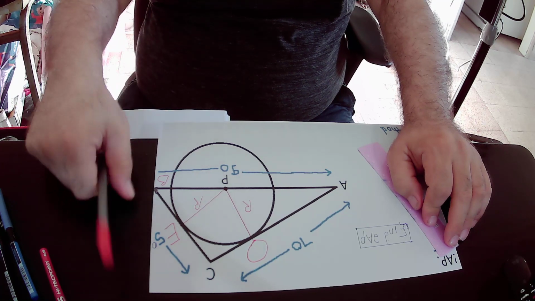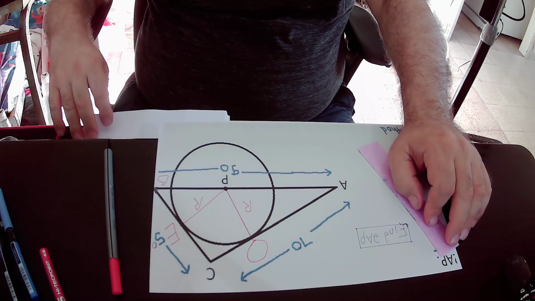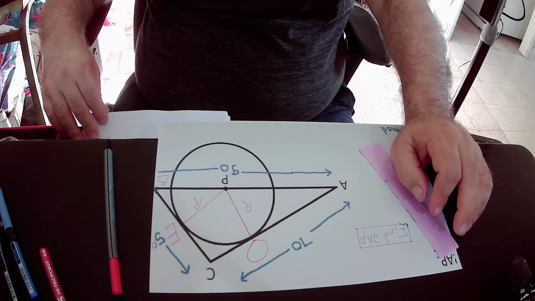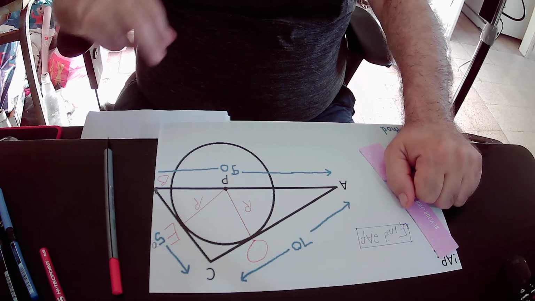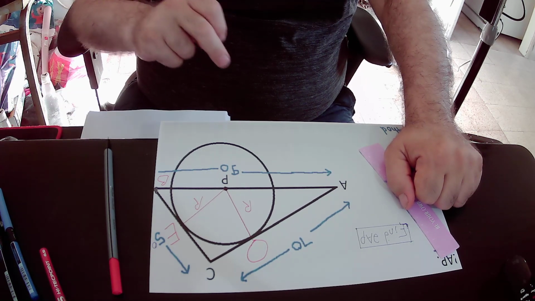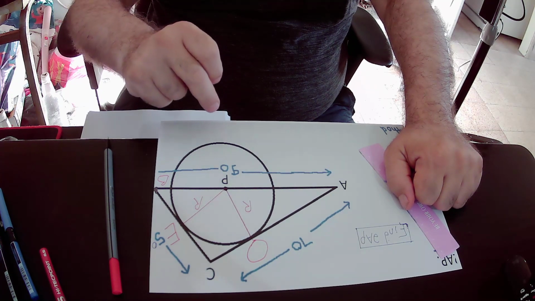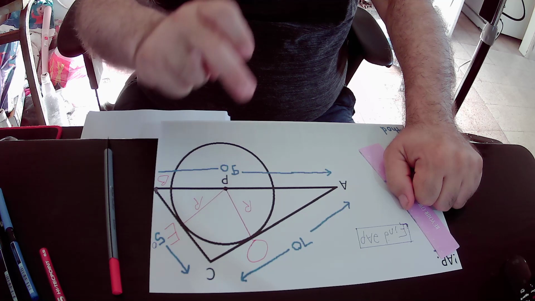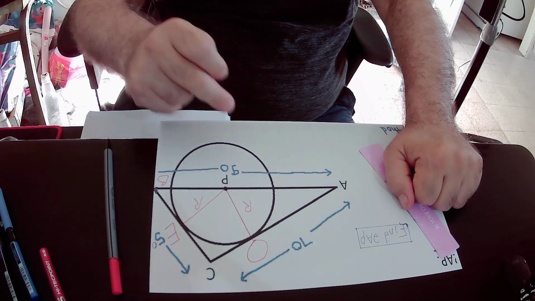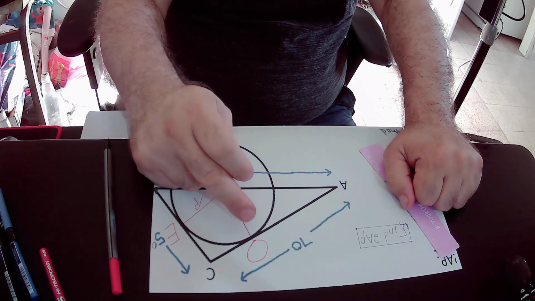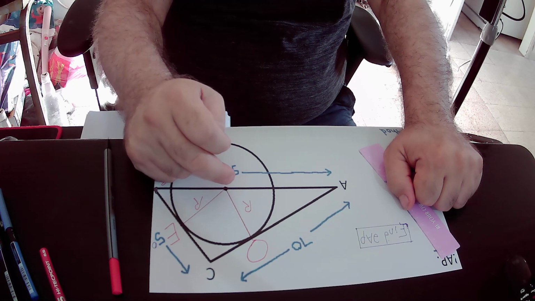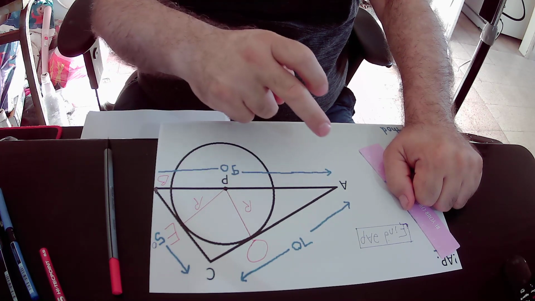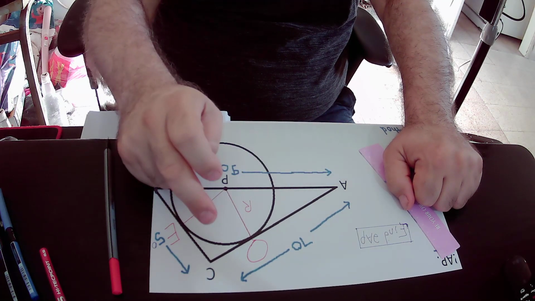and we have a rule that in any circle a radius and a tangent to the radius are perpendicular to each other. So PO is a radius and a tangent to this radius is AC.